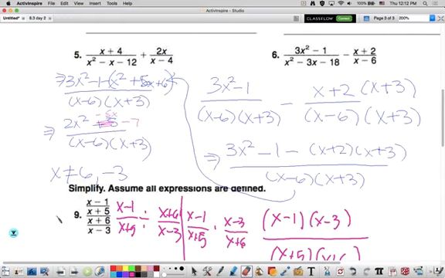And then I say, does this factor? 2 times negative 7 is negative 14. Can I find something that adds to negative 5, multiplies to negative 14? Yeah. Negative 7 and 2. So this thing should factor. Why don't we just find out before we leave what it factors into? So 2x squared minus 5x minus 7.